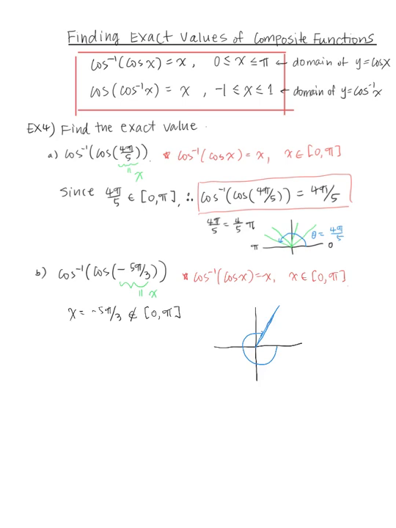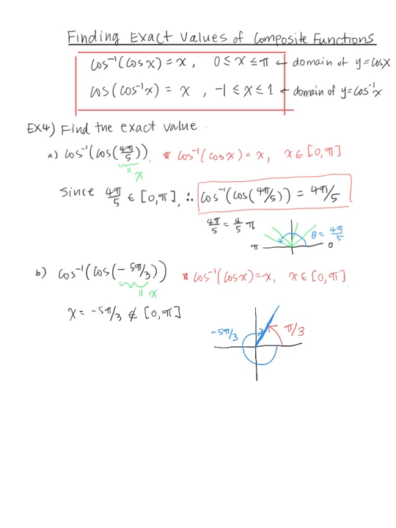Pretend that's a straight line, please. That's my terminal side. So here our theta is negative 5 pi over 3. Its reference angle is from here to here. So clearly our reference angle is pi over 3.